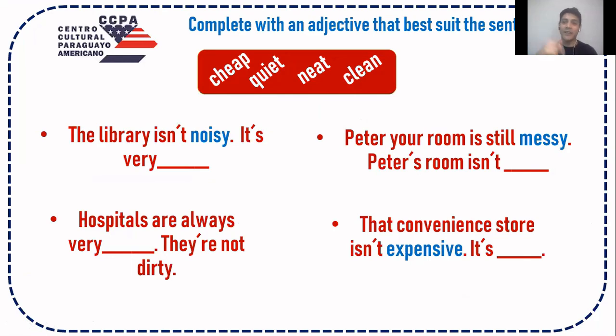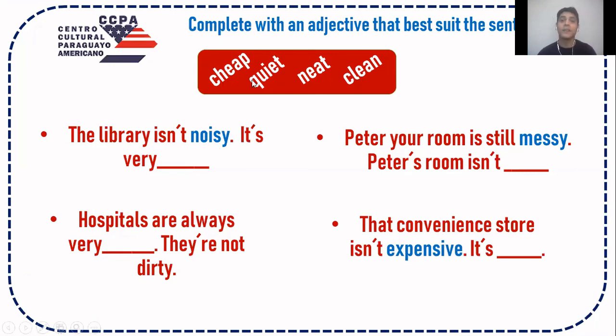So now we have an exercise. I need you to complete the sentences using adjectives that best suit them. Okay. So, for example, we have the first sentence that says, the library isn't noisy. It's very... So what is the opposite of noisy?